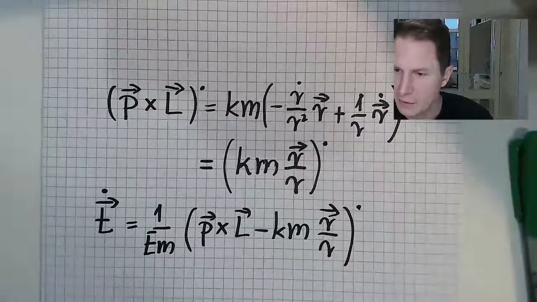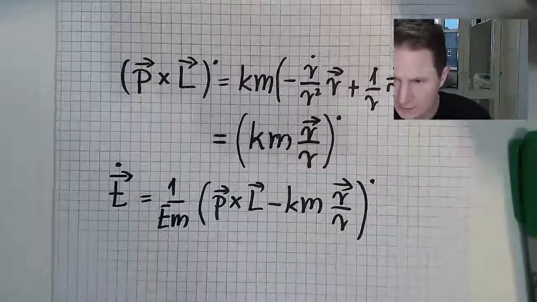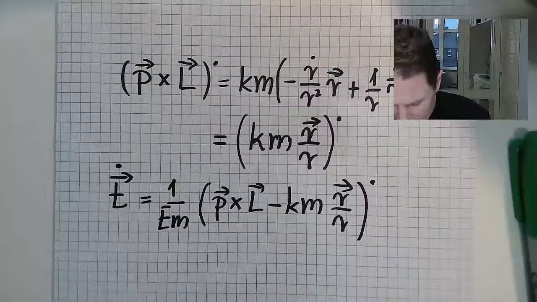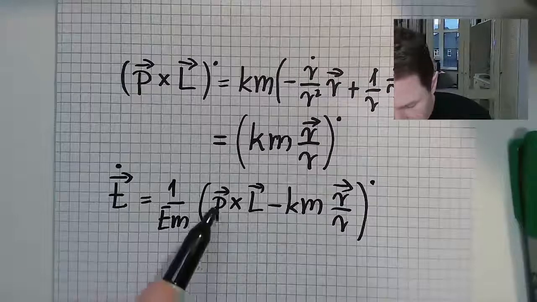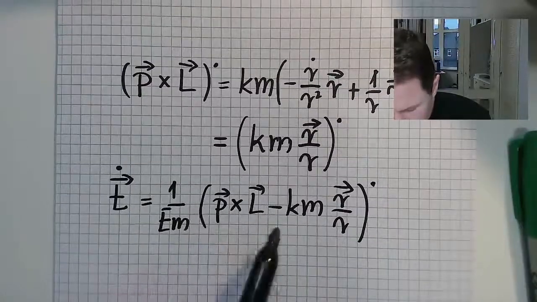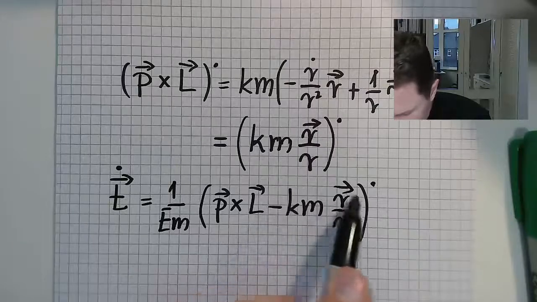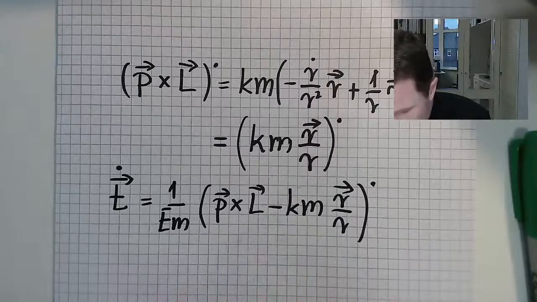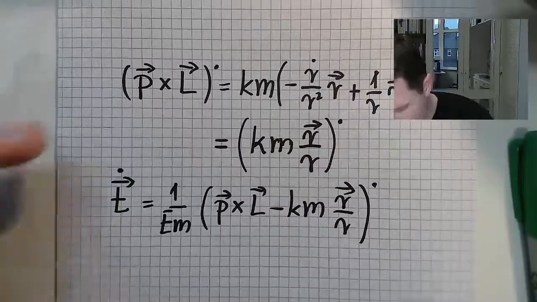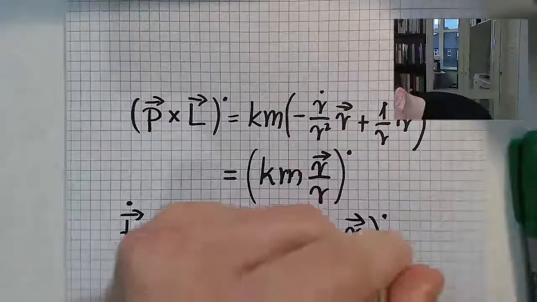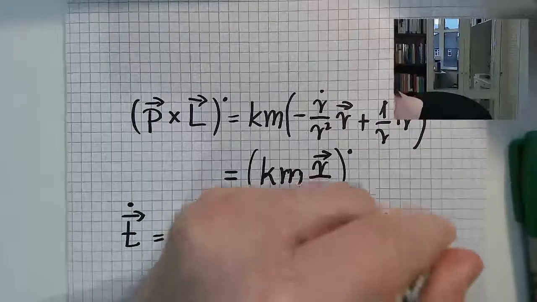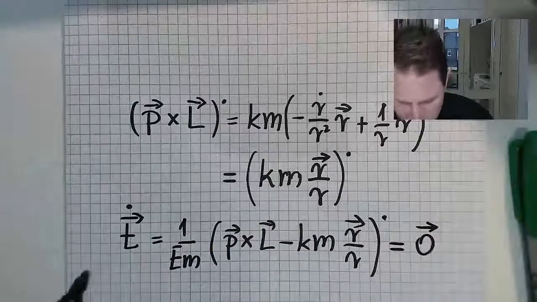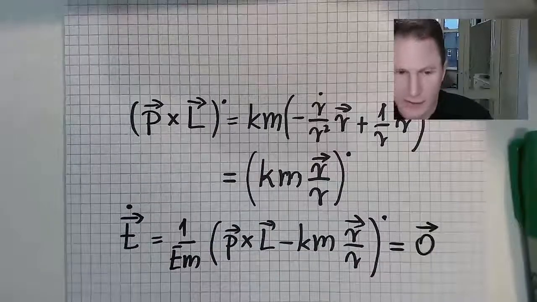Okay, so this thing right here is the zero vector, because the rate of change of the first term is equal to the rate of change of the second term without the minus sign. Okay, so what we have found here is that this vector is zero. That is the rate of change of our vector t.